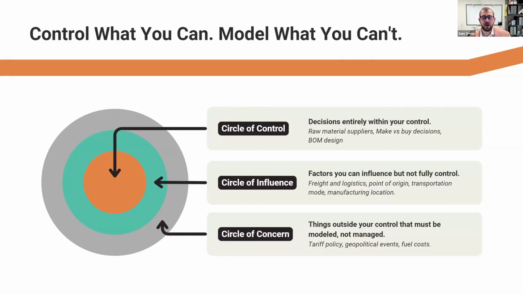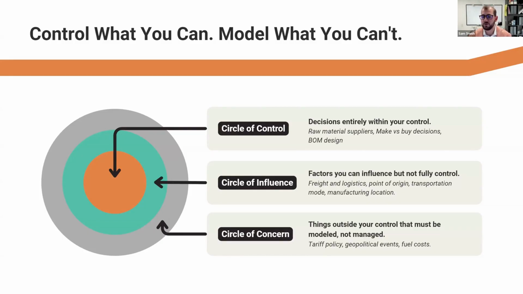But we also have to be thoughtful about where we invest our modeling effort. Not every variable in the outer circle deserves the same level of precision or time, right? Tariff rates and fuel cost are high likelihood and high impact variables because they move regularly and the cost implications are material. Those are probably worth building out very carefully and spending a lot of time and energy in understanding the exact implications.